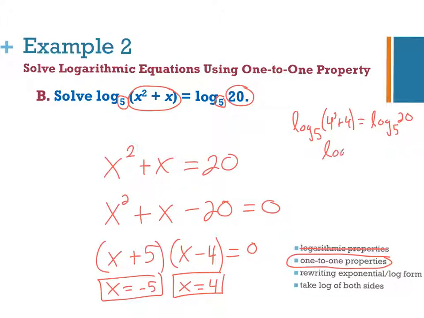If I simplify, I have log base 5 of 20 equals log base 5 of 20. So therefore, 4 checks out. And if you do the same thing with -5, you'll notice that it will also work. So both of these are our answers.